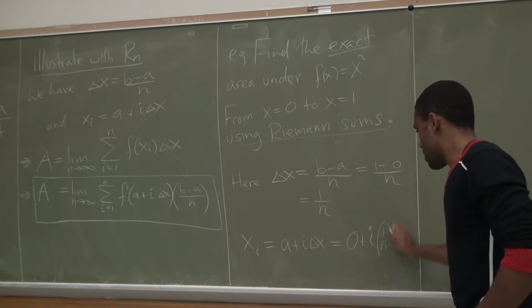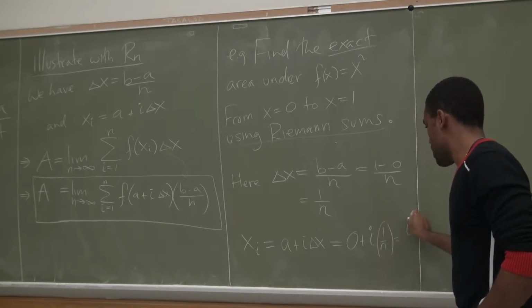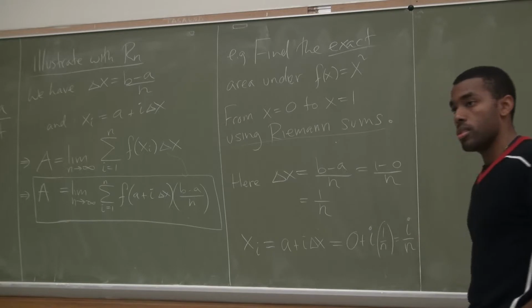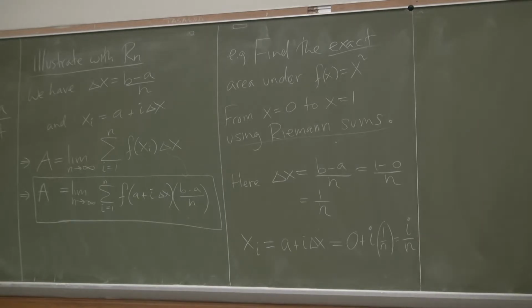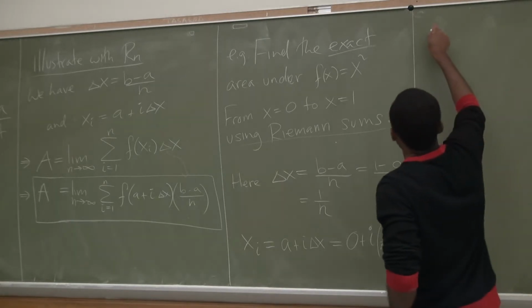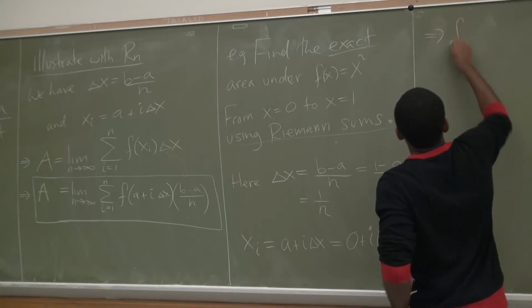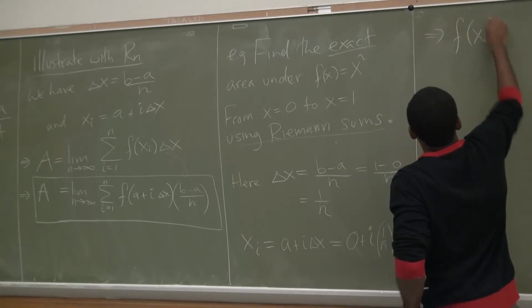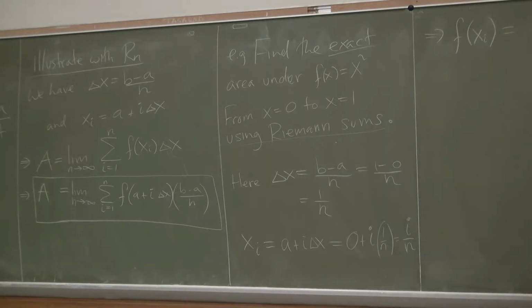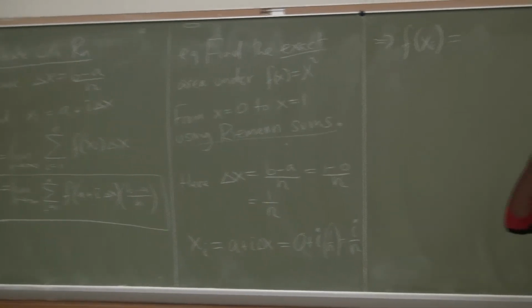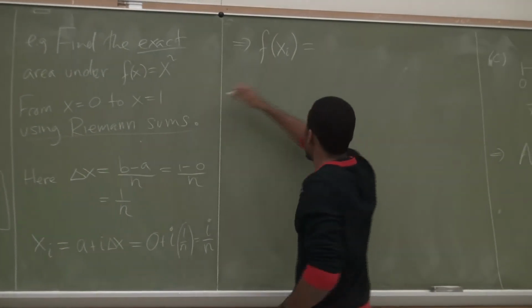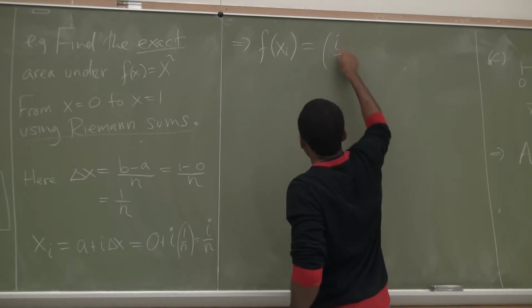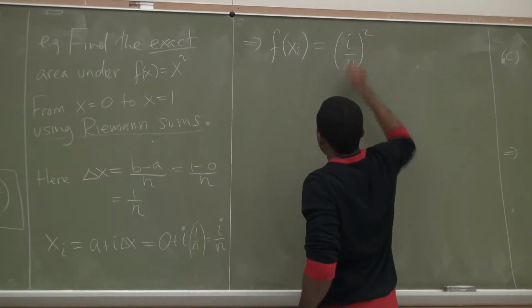So this is just i over n, right? So what is f of xi? What's xi? It's just this squared. That's the formula: i over n squared.